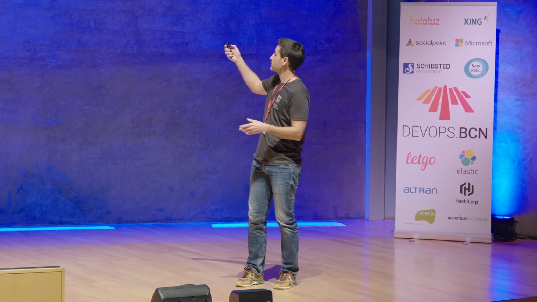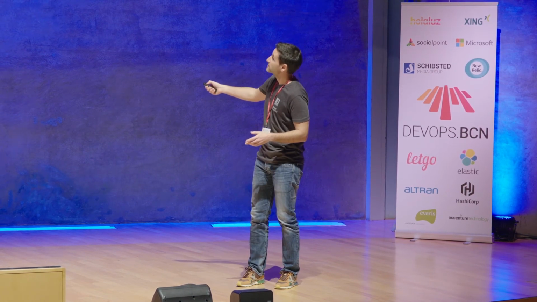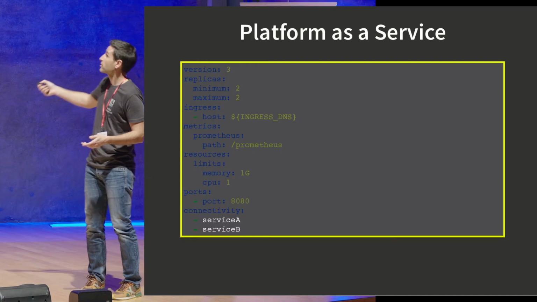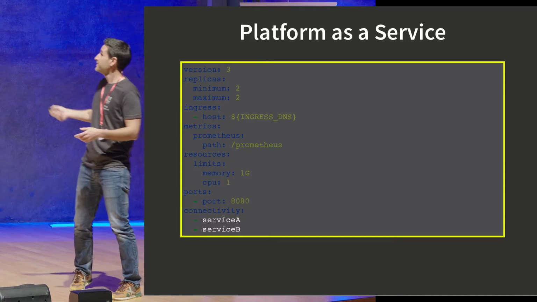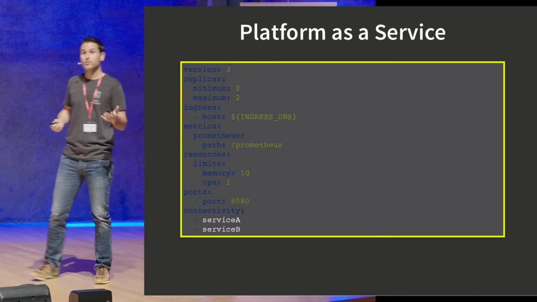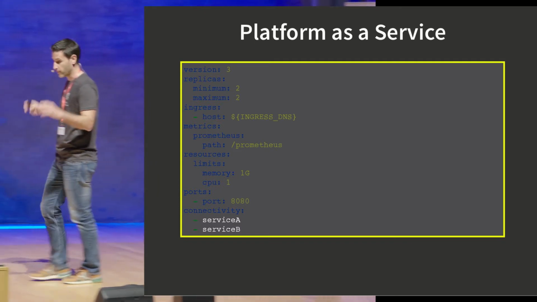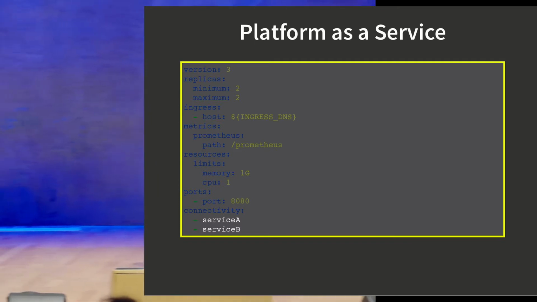Finally, the next step on this project: if you have been using Kubernetes, you are quite used to reading this kind of YAML file, which probably you can't read because the color is not the best. But the idea is that you define what your application should look like from a platform as a service perspective. And you should focus on this specific last part.